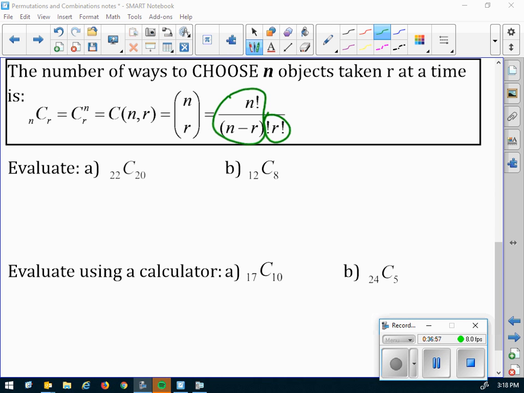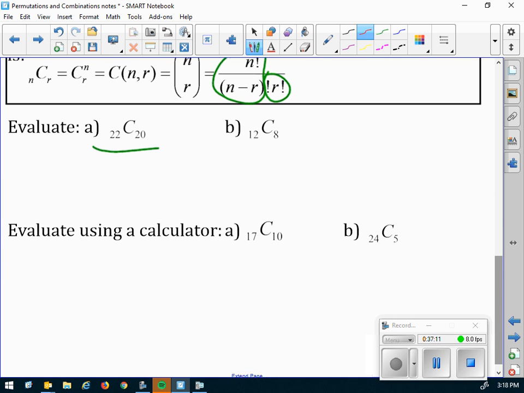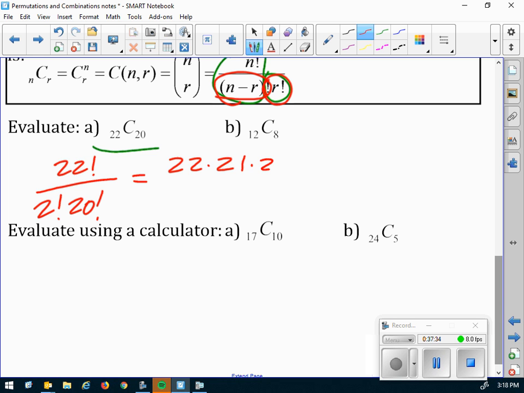All right. So let's look at this bad boy right here. I'm going to write it out. What's the top going to be? 22 factorial over, and what's 22 minus 20? 2 factorial times 20 factorial. 22 factorial is 22 times 21 times 20 factorial.